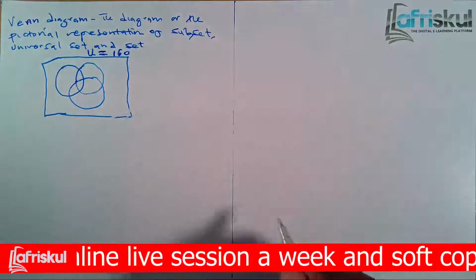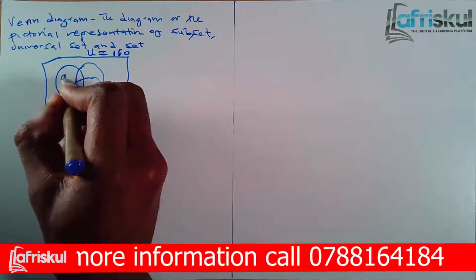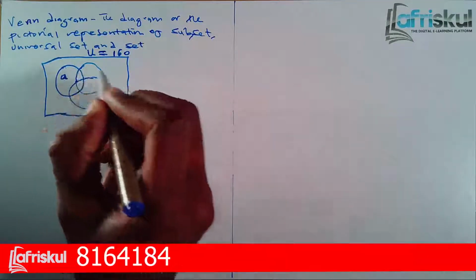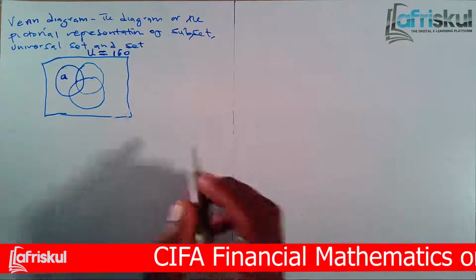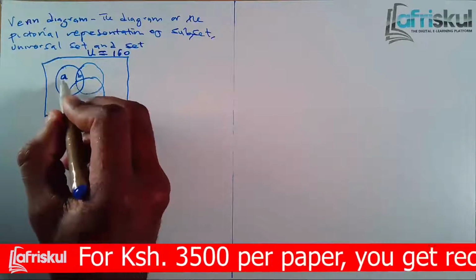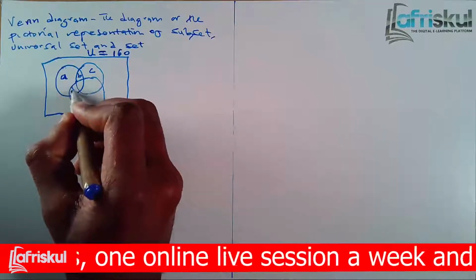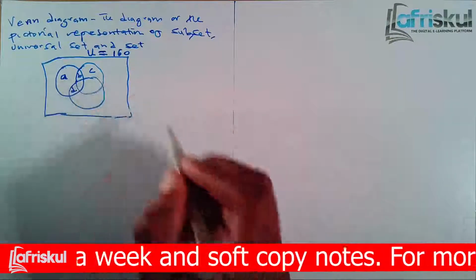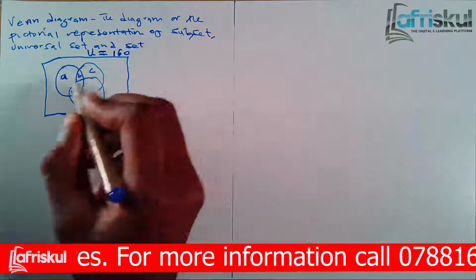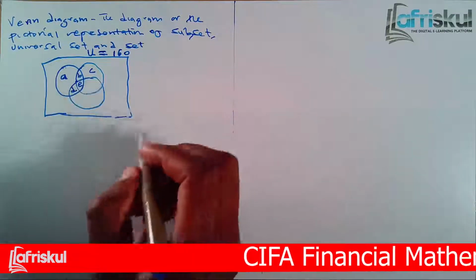Therefore, we need to name our Venn diagram. If you are able to name it very well, it will not bring you problems. So here is A, B, C, then D. Many students get problems in naming the Venn diagram, but if you name it well, this question will not give you problems.